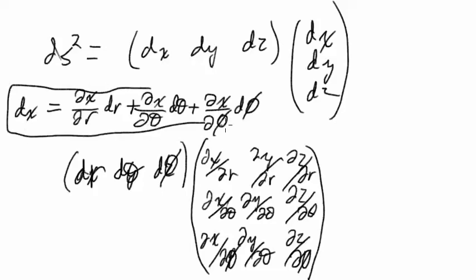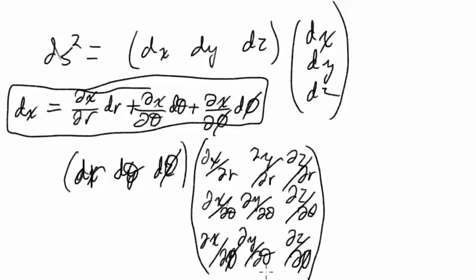So this is essentially what you get from multiplying this by this first column here. And then dy is del y del r dr plus del y del theta d theta plus del y del phi d phi. So you can multiply that through on that second column.